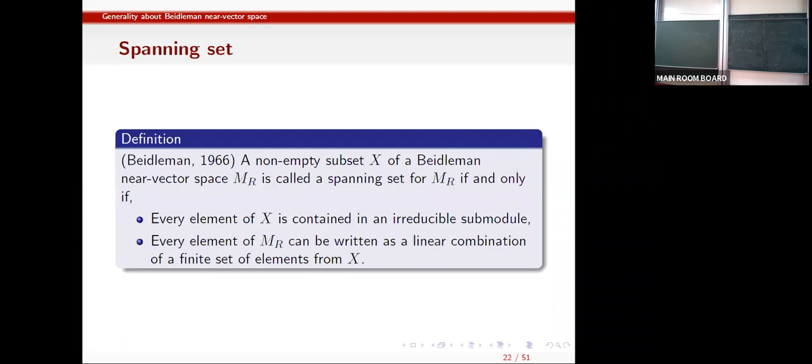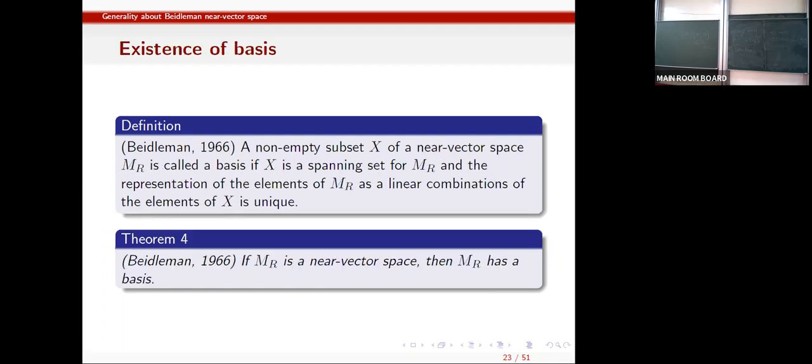In the same way, we can define what we call a spanning set and basis. If you define a vector space, the trivial question is, do you have a basis? So we define spanning set, linear combination, and all those. If M is a near vector space with this definition of basis, then it has a basis. Why? Suppose that M is a Beidleman near vector space, then it can be written as the direct sum of Mi, and Mi has no proper R-subgroup.